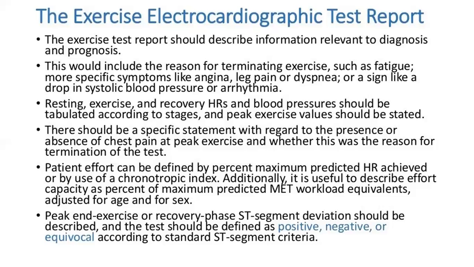Peak and exercise or recovery phase ST segment deviation should be described, and the test should be defined as positive, negative, or equivocal according to the standard ST segment criteria.